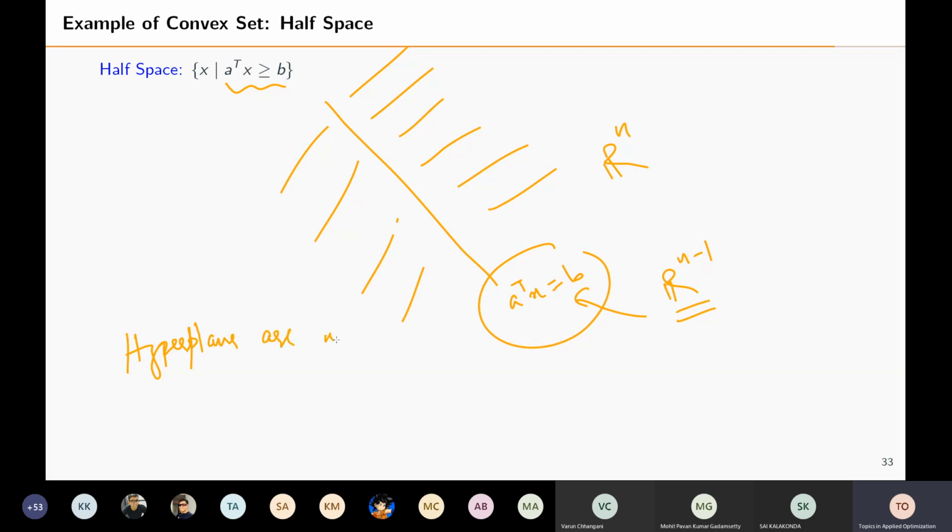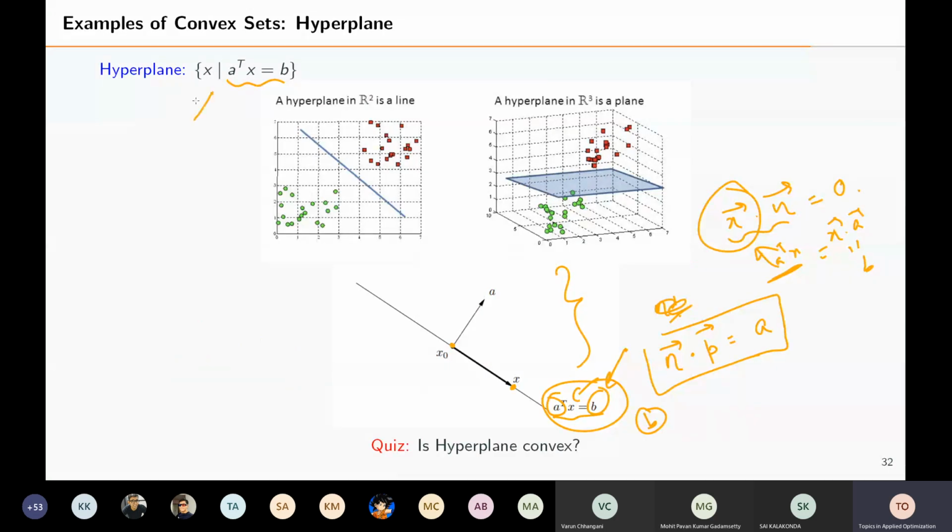Hyperplanes are not vector spaces in general. I'm talking in general, but there are cases where it will become one. So if I go back and look at this set, is this set a vector space?